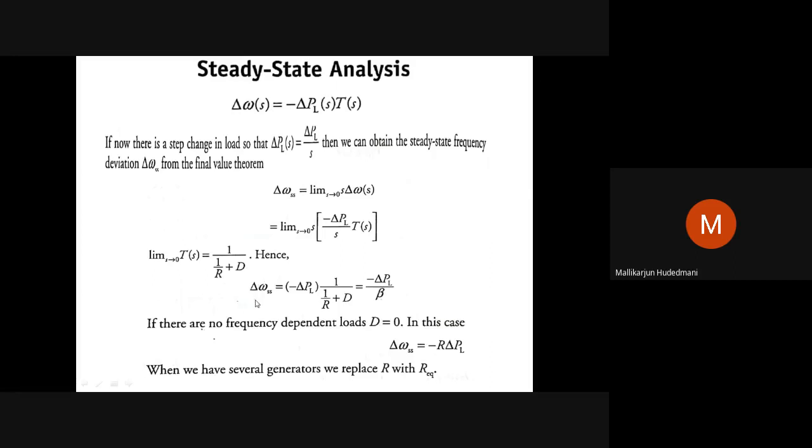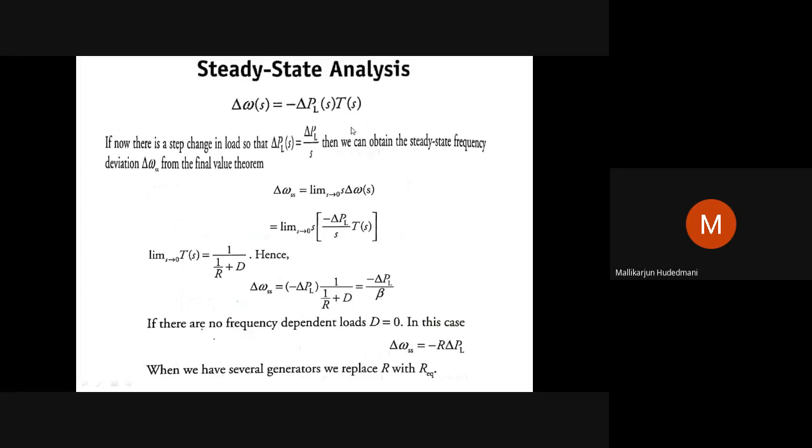Therefore, the steady state frequency deviation is minus delta PL into 1 by R plus D. This we call minus delta PL over beta, the area frequency bias. Beta represents 1 by R plus D, the area frequency bias. If there is no load sensitive to the frequency, if D goes to 0, you can see delta omega SS is equal to R into delta PL.